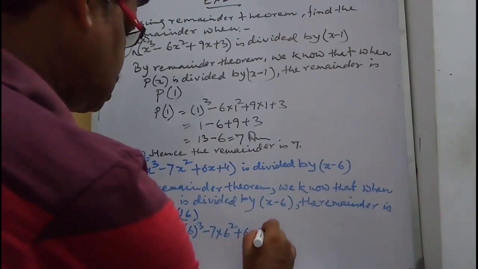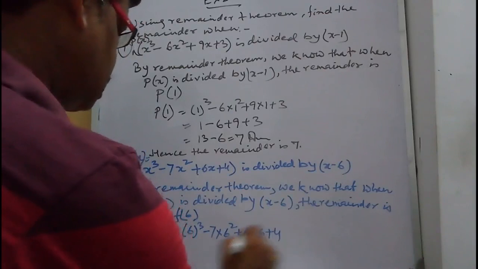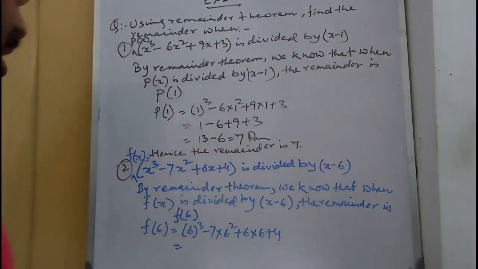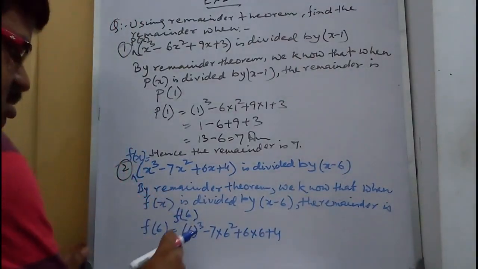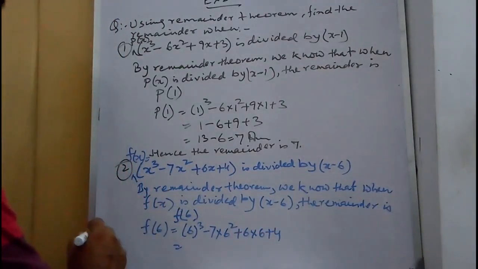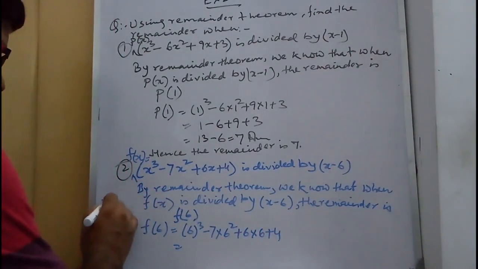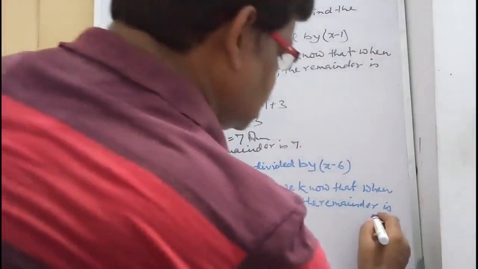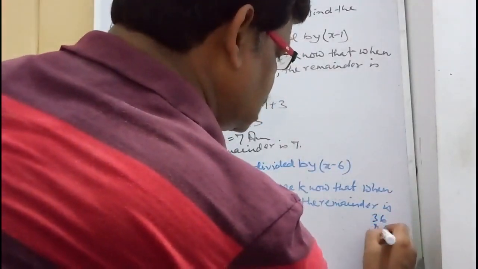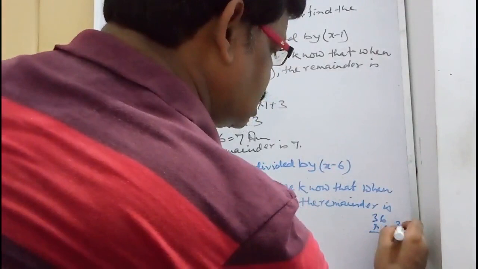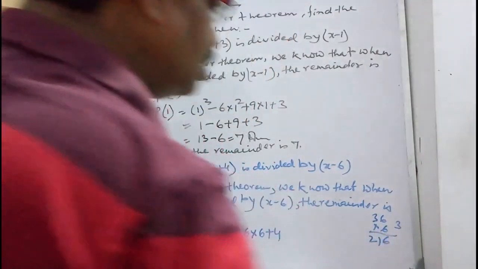So multiply 6 three times: 6 6 is 36, so 36 into 6 is 216.